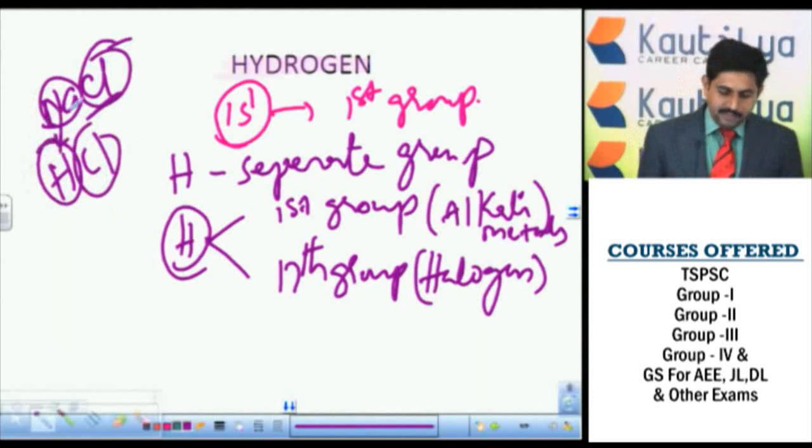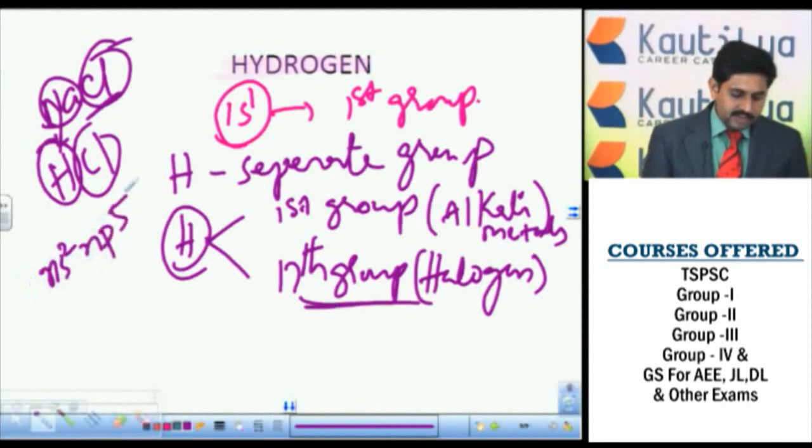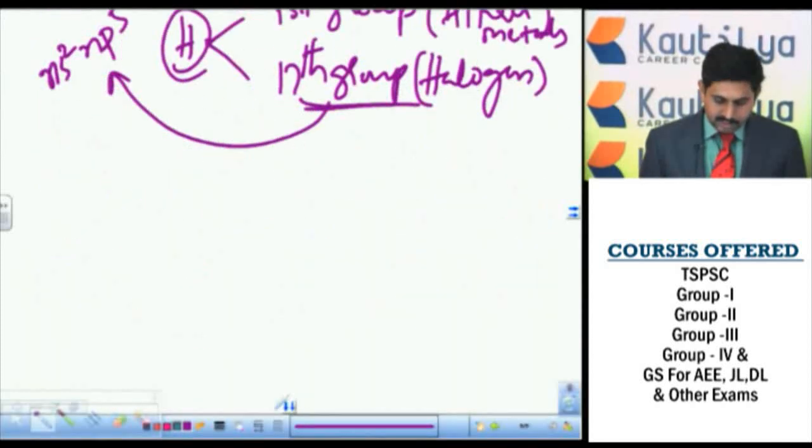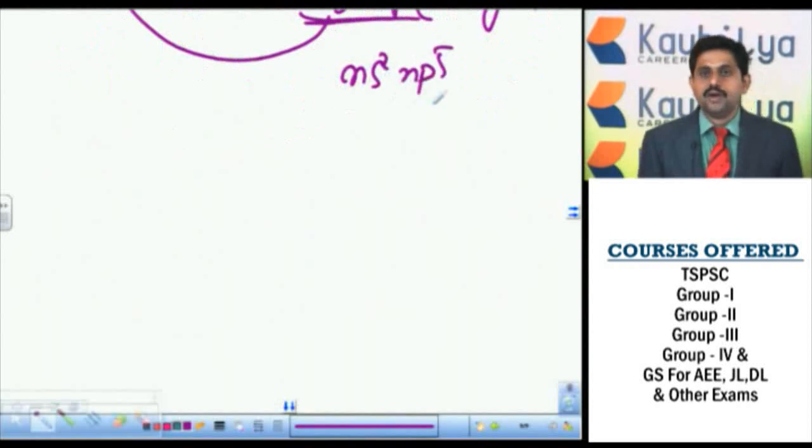In the case of the 17th group elements, if you observe any of these halogens, the outermost electronic configuration is ns2 np5. So if it accepts one electron, it will become stable.